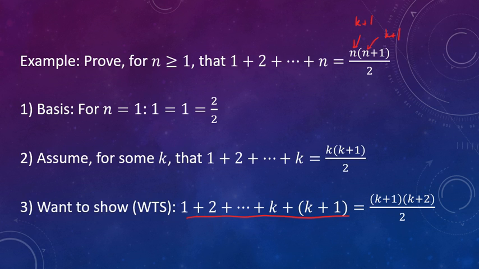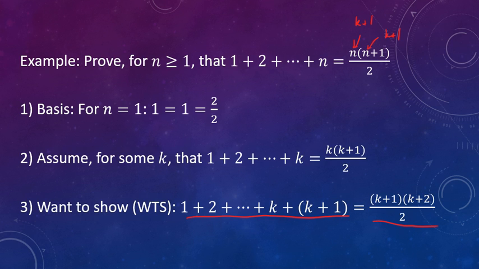And we see that when we plug k plus 1 in for n, we get (k plus 1) times (k plus 1 plus 1), or k plus 2. So (k plus 1) times (k plus 2), all of that over 2. So this is just me writing out what I have to show in order for the third step to be valid and to be done, and thus for our entire proof to be done.